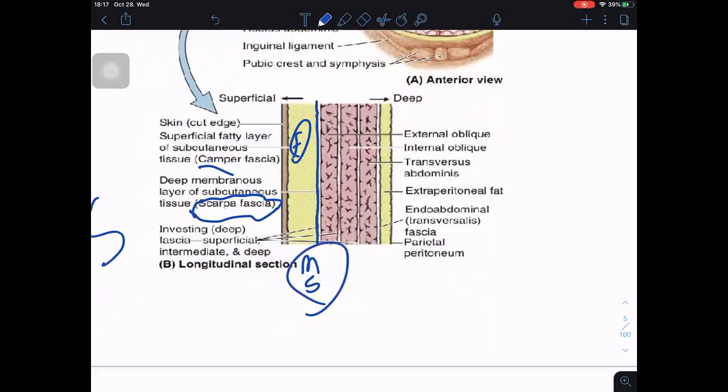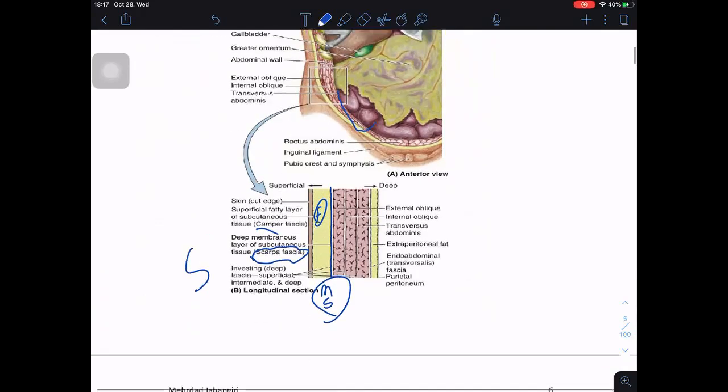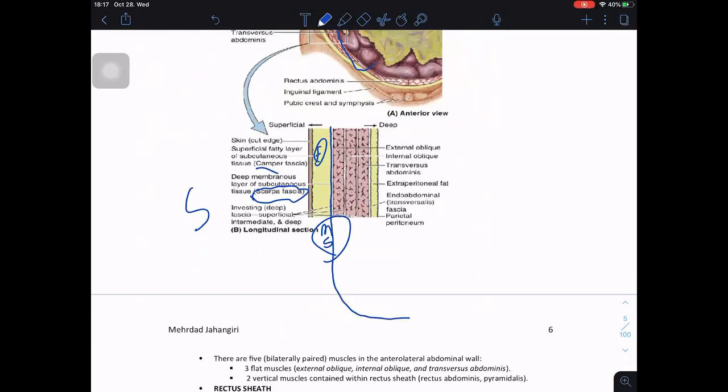So remember it like MS. And this Scarpa fascia runs down the whole way, and later in the perineal region, which will be taught to you in the pelvis, it continues down toward the pelvis and perineum, and there it is called Colles fascia or superficial perineal fascia. I just tell you right now just to hear it, okay? So you don't need to focus on it so much because later on you're gonna get to know it properly.